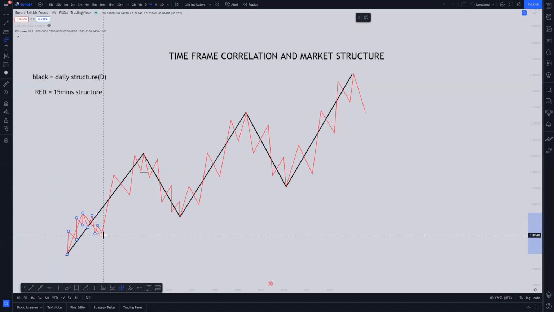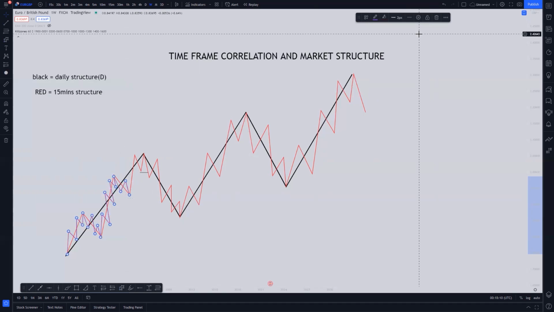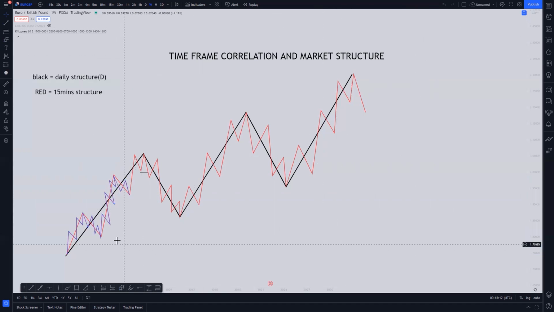Traded downward, break of structure, low, high, low, high, break of structure, and so on. Let me give it another color so you can understand what I'm trying to say. So you can see a much lower time frame.